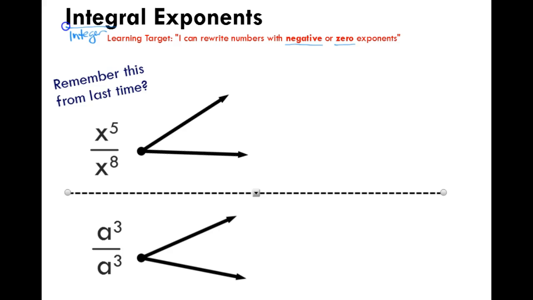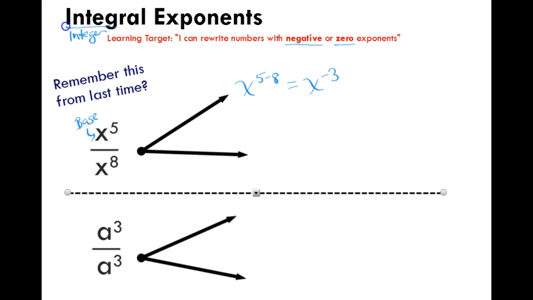We said, if we're dividing, we keep the base. So I'm going to keep this base of x, but I'm going to subtract exponents. So when you divide, you subtract. And you get 5 minus 8, which is x to the negative 3. And last class we just would have left it like that. And we're not going to today.